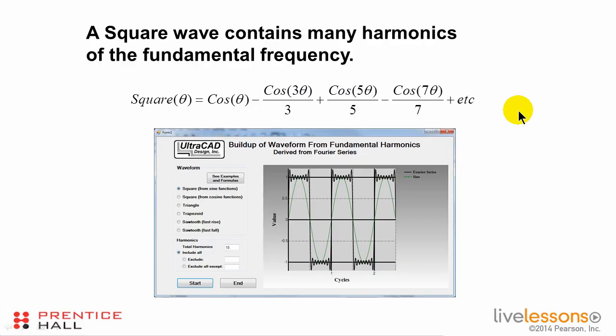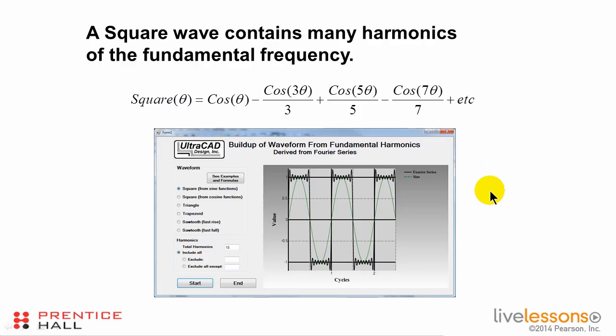This is an infinite series that will stretch out in time. So we can get a better and better approximation of a square wave by adding more and more terms, or more and more harmonics, to this expression and summing them up.